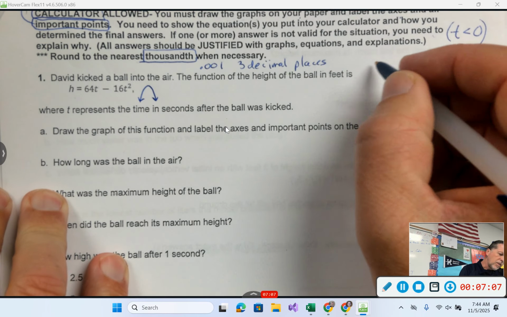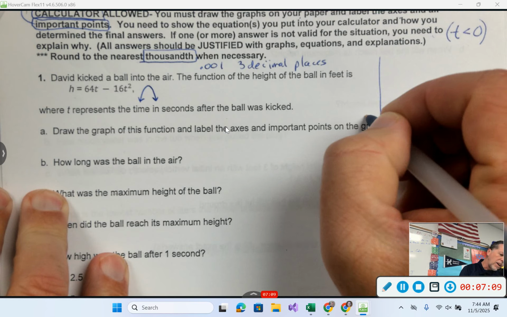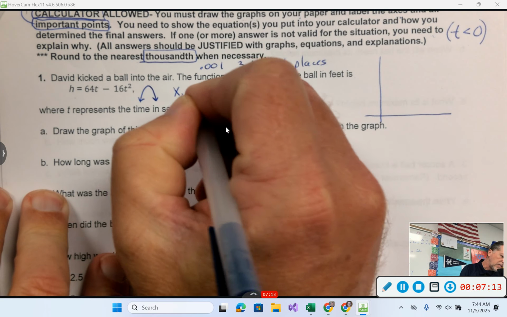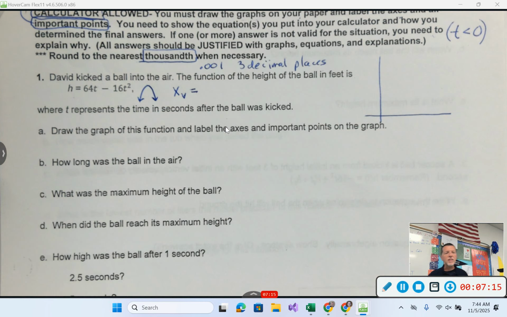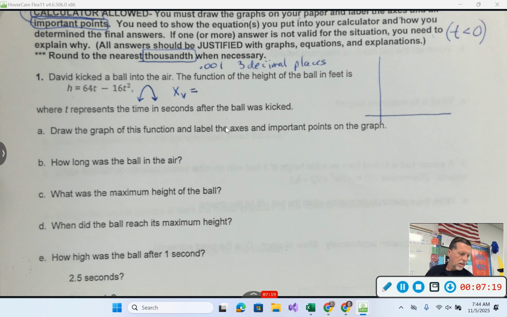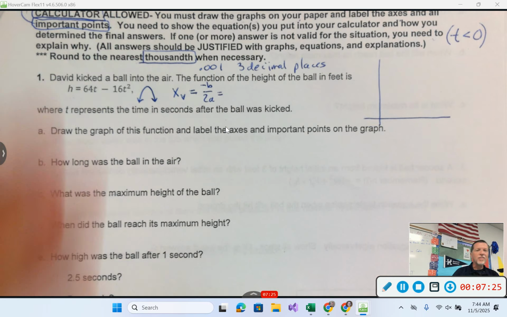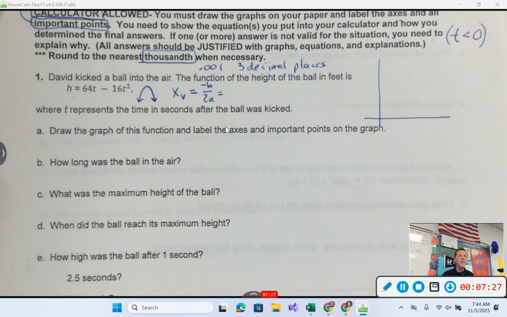We have to sketch it and label stuff anyway, so let's find the vertex. The x-coordinate of the vertex. How do we find the x-coordinate of the vertex? -b/2a. This one's kind of tricky because what's b? 64, right?